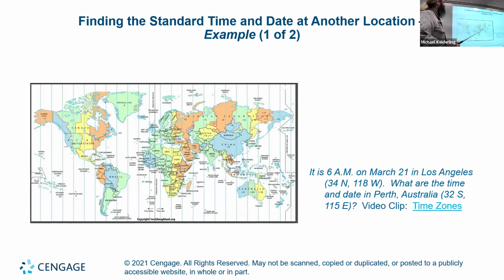So there's two ways we can do this. We can go west or we can go east. Which way would you like to go? Okay, let's go west. We're at -8. We get to Perth, Australia, we gotta go 1, 2, 3.